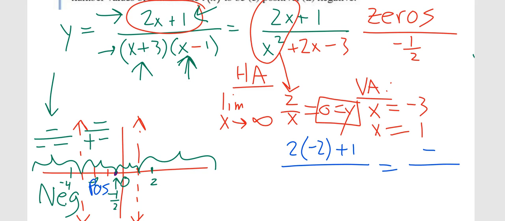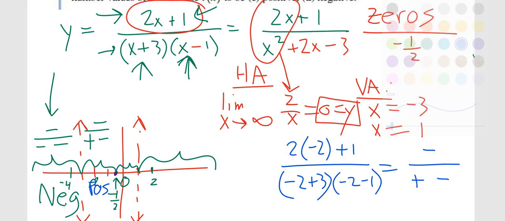On the bottom, if I plug in -2 plus 3, that's going to give me a positive amount. And then -2 minus 1 is going to give me a negative amount. These two are going to cancel each other out. So overall, the quotient is going to be a positive number.